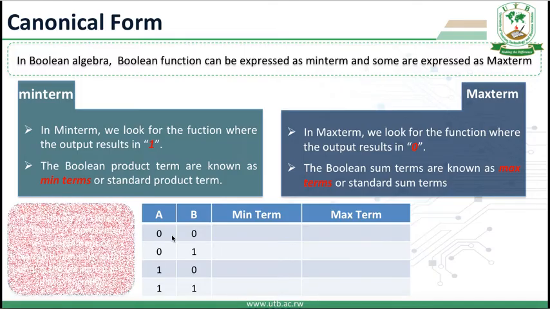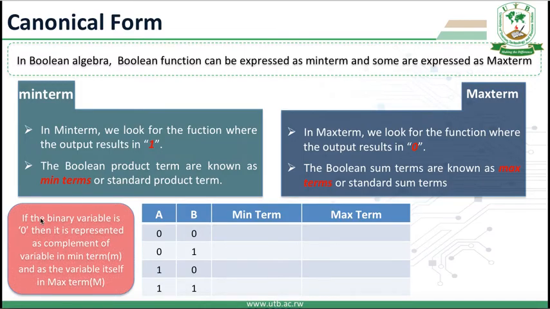When we talk about the truth table, A and B are binary variables. If A or B is 0, then it is represented as the complement of the variable in min term, where min term is denoted using small m, and as the variable itself in max term, capital M.